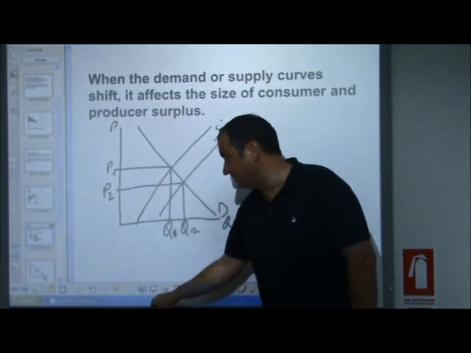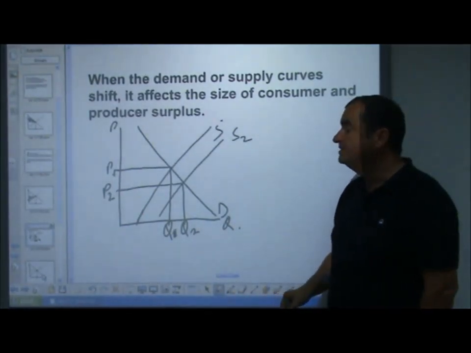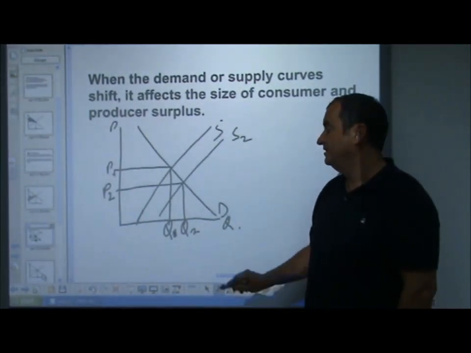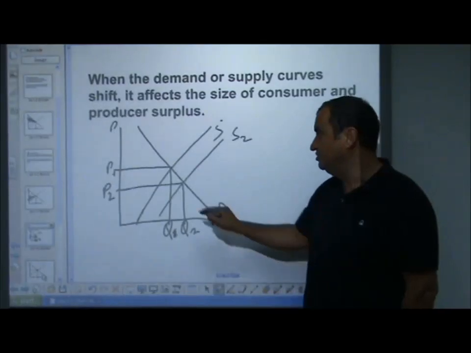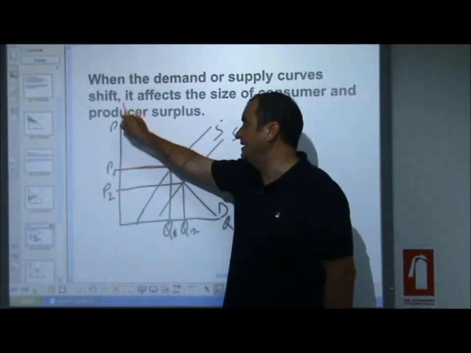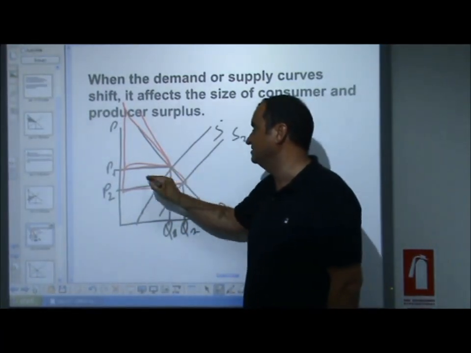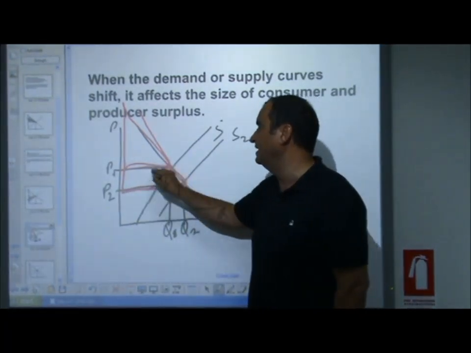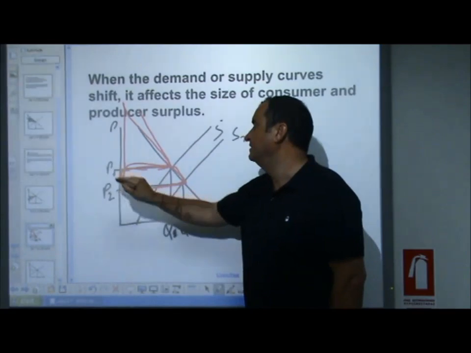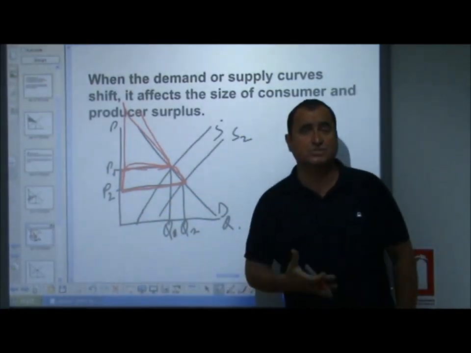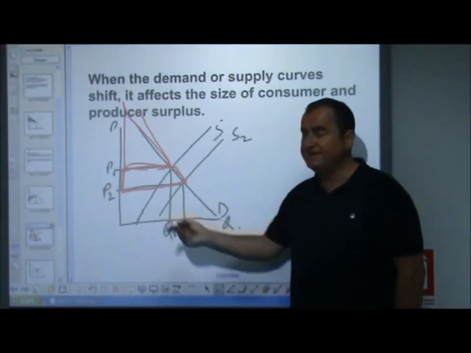Well, what's happened? You can see that when the supply shifted outwards, the consumer surplus, which had been here, has grown to include this section as well. This area here is additional consumer surplus because the price level fell.